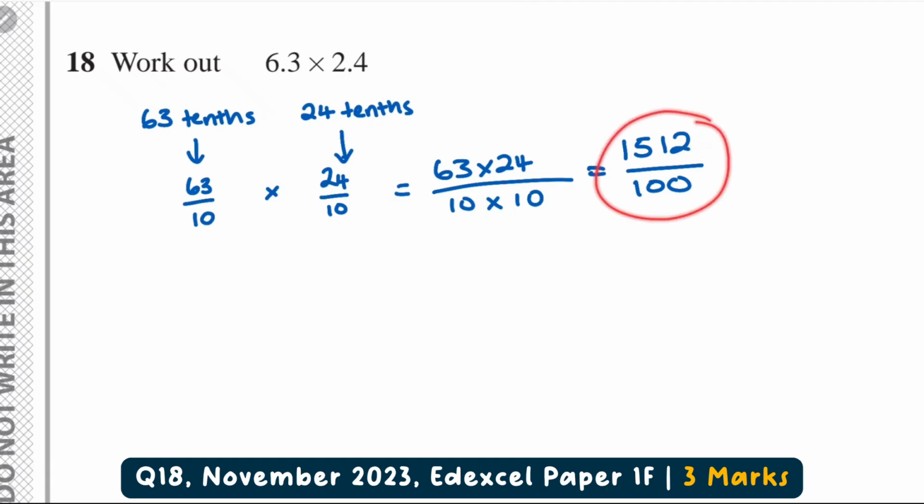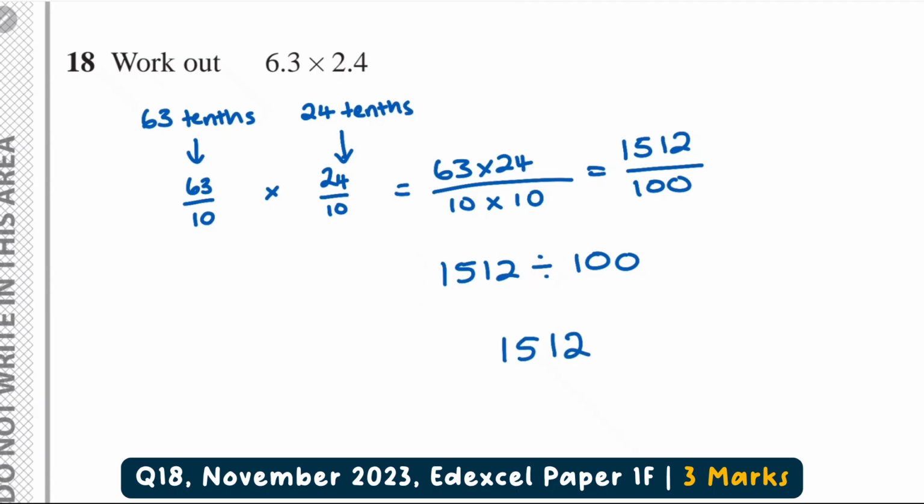Now, 1,512 over 100 is the same as saying 1,512 divided by 100. Now, when we're dividing by a power of 10, we move our decimal point to the left. So starting with 1512, our decimal point is currently here. So if you can't see your decimal point, it's behind the last digit.